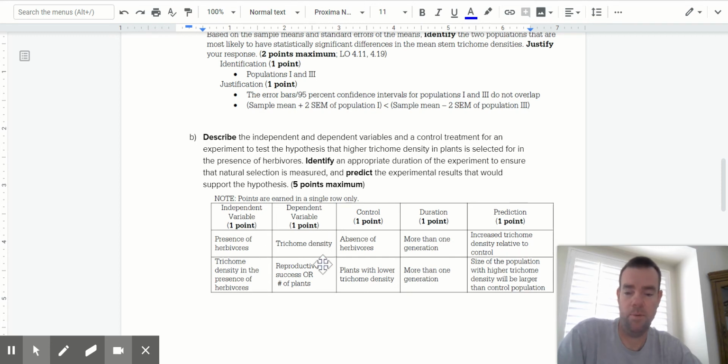That would be the dependent variable. Again, you're going to have a control, which would be the ones with lower trichome density. The duration would be more than 1 generation, same thing. And what you'd find is that the population with higher trichome density probably is going to have greater reproductive success. In other words, they're going to produce more seeds, or however you're going to measure this.